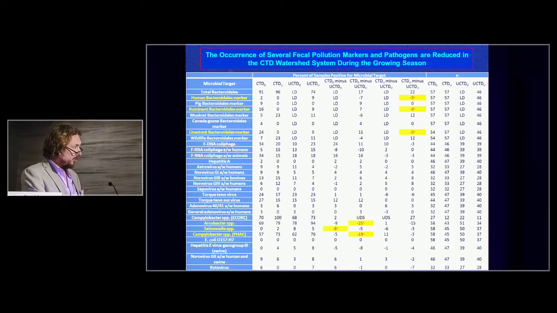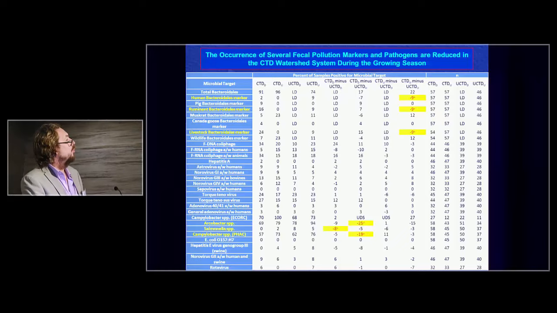So these microbial source tracking endpoints, which are livestock, Bacteroides marker, or ruminant here, and human markers, were significantly reduced in the context of occurrence.